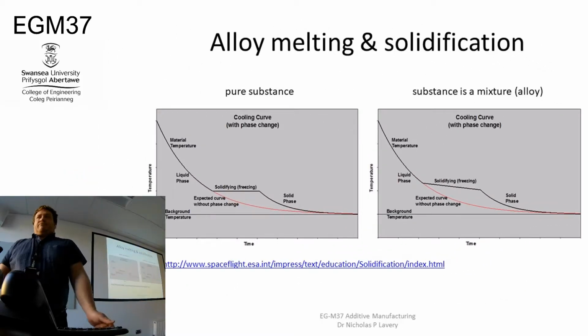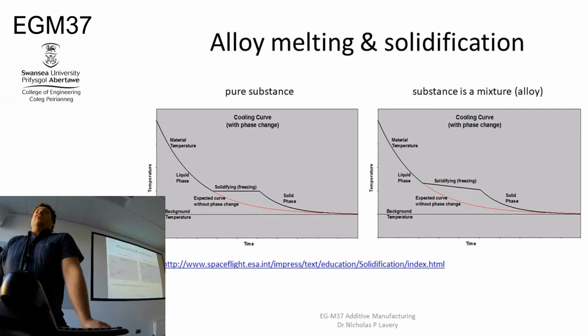I'm sure that you have seen all this before, but this is the basis of the phase diagram for alloys. So just to point out, when you have a pure substance, if you've melted it and you're coming back down on the temperature time curve, you'll have a cooling rate. That plateau that you reach as you go through a phase change between the liquid and the solid is over the freezing range.